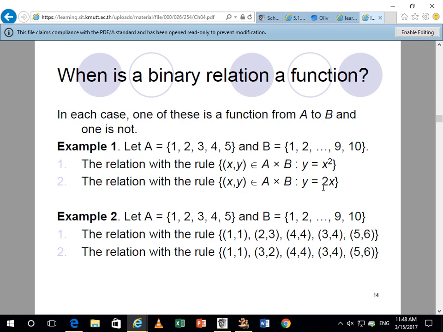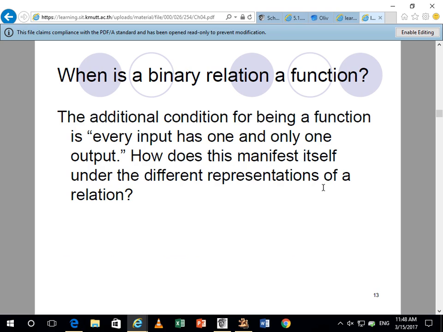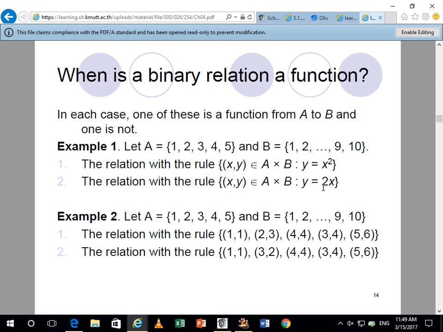But 4 and 5 have no output. So in this case, zero output. It's not more than one, but it actually has zero. That means this is not satisfied. It has to have one, only one. But in this case, 4 and 5 have no output.